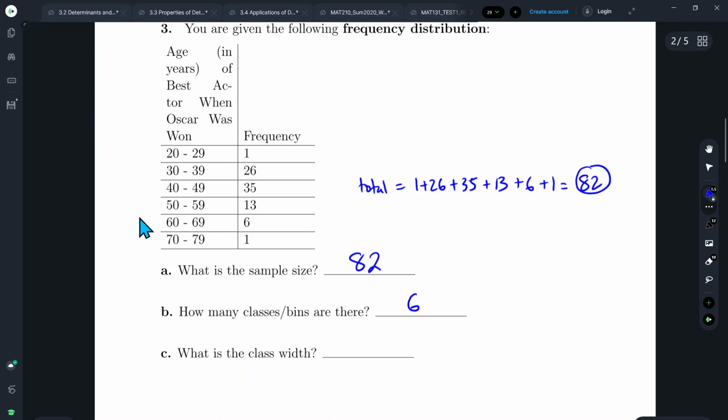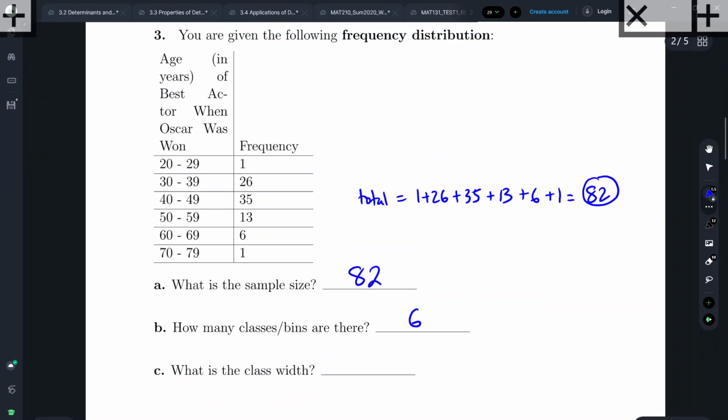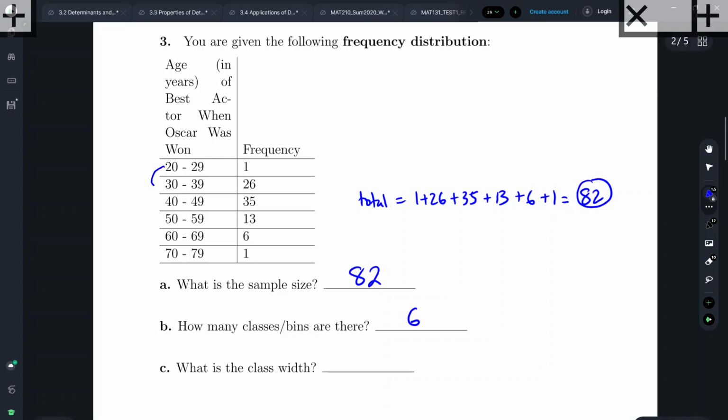Okay, so now what about the class width, right? So you shouldn't just take the upper limit and the lower limit, right? So what you should do is to see how to jump from one class to the next, right? So from 20 to 30, this is plus 10.